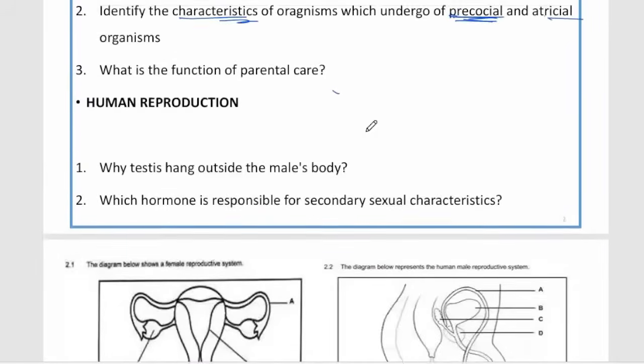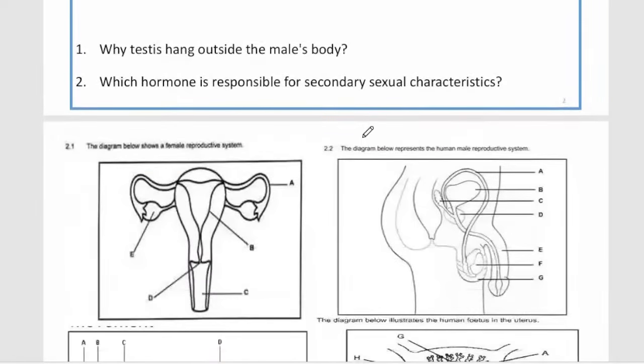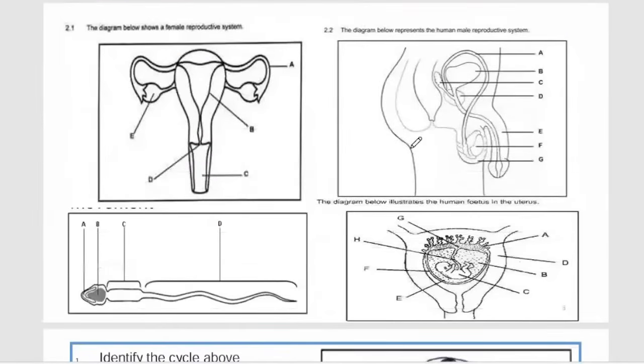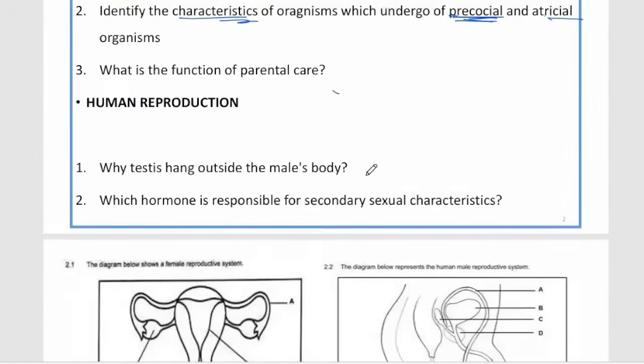Then we have the next question. You need to know how to label all these parts. Why are the testes hung outside the male's body? Basically, we say that the testes hang outside the male's body so that sperms are produced at a temperature which is below the body temperature, which is 2 degrees less than the body temperature.